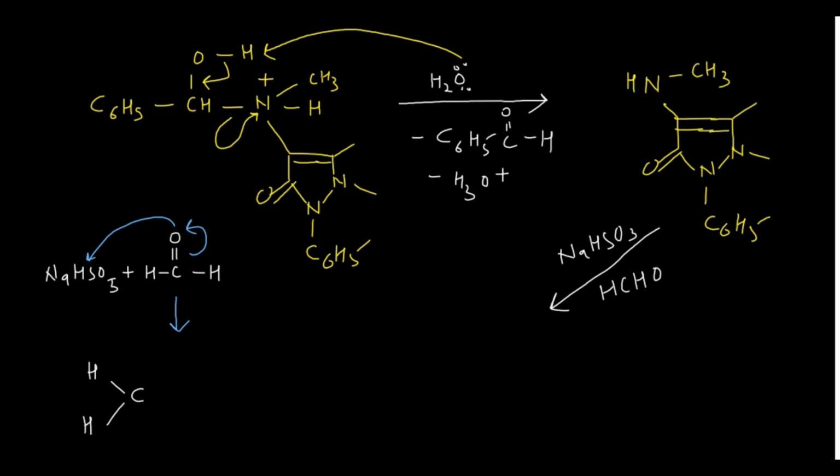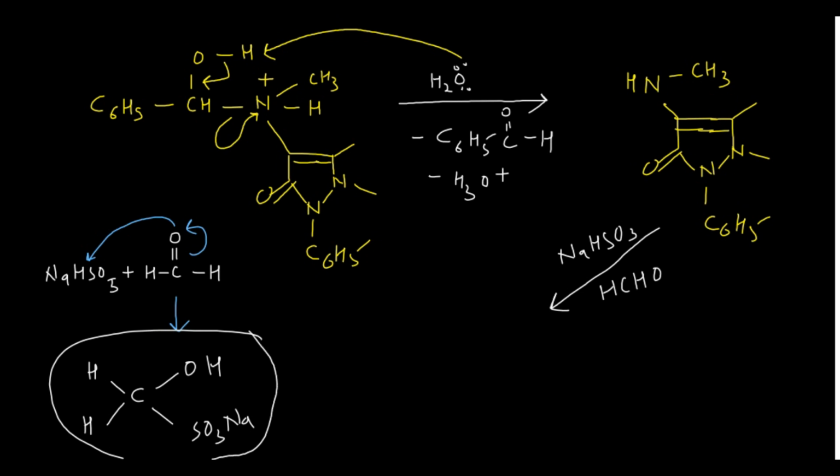And now this, you see, single bond oxygen, just like that, and it will have your H, OH, and then the remaining part is your SO3Na. So this will form this particular intermediate. Only if you understand the formation of this particular compound, which is a very famous reaction in class 12th, only then will you be able to form the final product.